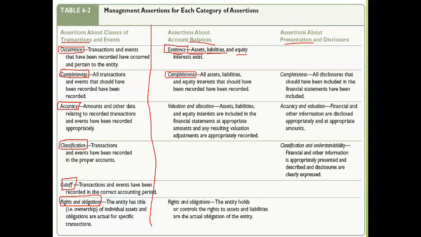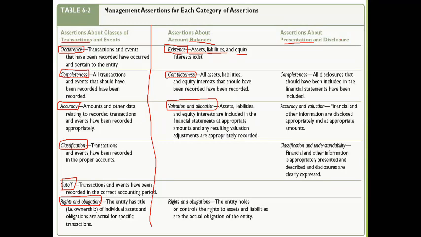So what about valuation and allocation? Assets, liabilities, and equity interests are included in the financial statements at appropriate amounts, and any resulting valuation adjustments are properly recorded.